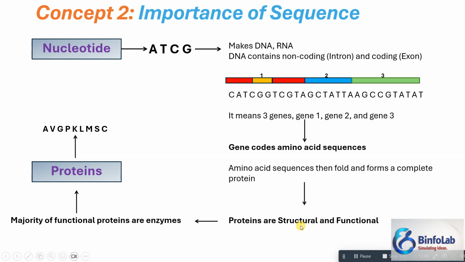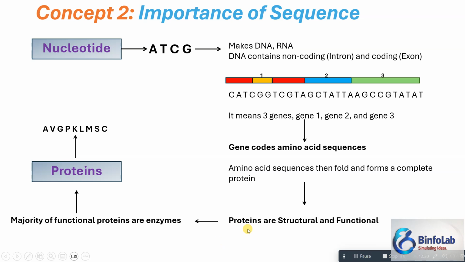And remember, generally we are not going so deep into the biology. Generally, proteins are of two types based on functions: structural proteins and functional proteins. Structural proteins are those which form the structures of your organs or organelles.